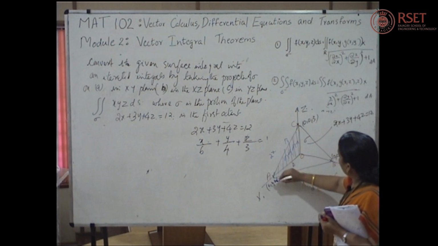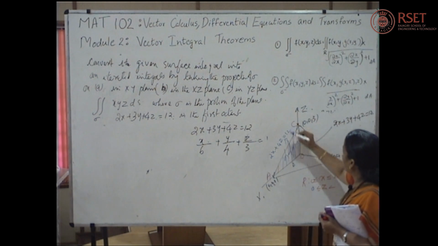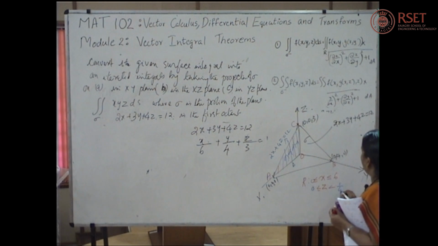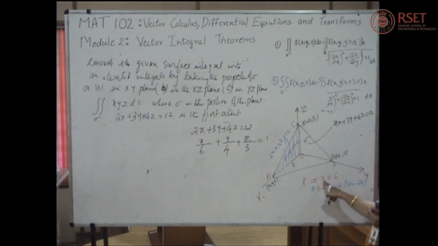So, the equation of line AC will be 2x plus 4z is equal to 12. Therefore, z is equal to 1 by 4 into 12 minus 2x. So, the region of integration will be 0 to 6. As x varies from 0 to 6, z varies from 0 to 1 by 4, 12 minus 2x.